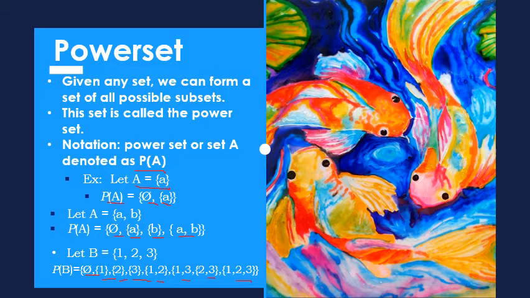For set A with 1 element, 2 raised to 1 is 2, so the power set has 2 elements. With 2 elements, 2 raised to the power of 2 is 4, so the power set has 4 elements. With 3 elements, 2 raised to the power of 3 is 8 elements. So, 2 raised to the power of n. Just remember that.